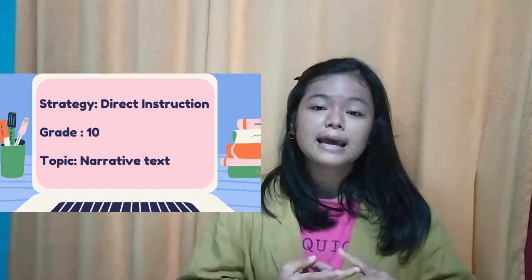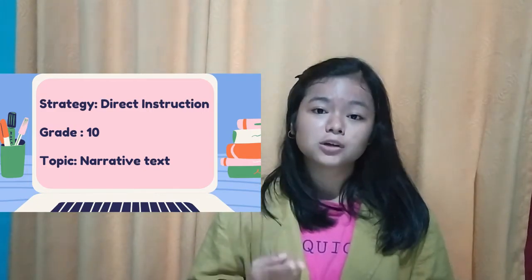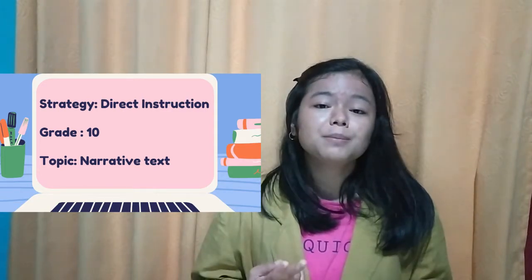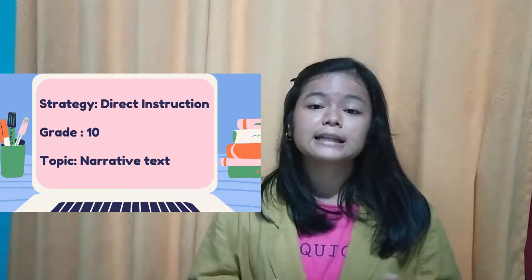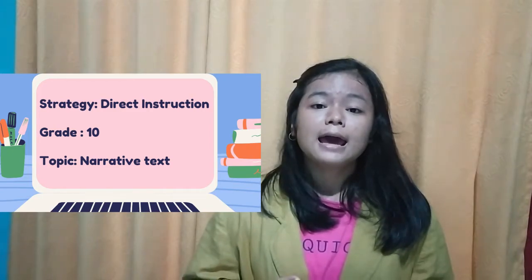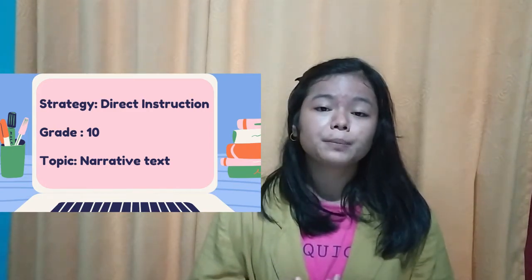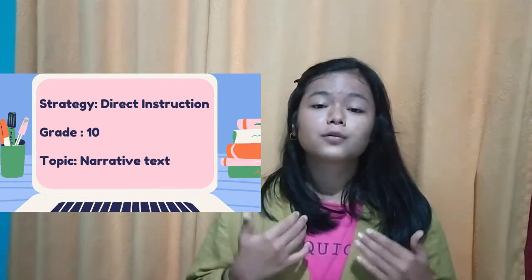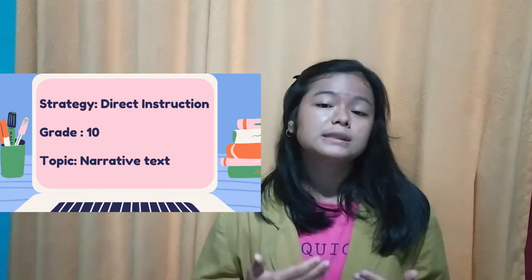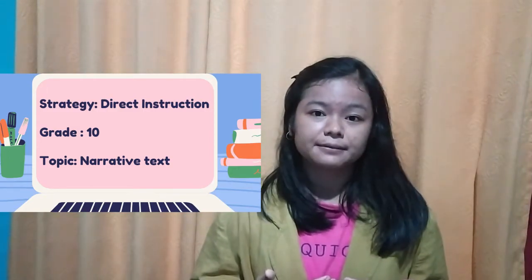And the second one is selecting the topic for a student. It can be based on your student skill level and grade level. In my case, my topic is created for grade 10 of senior high school, which is about narrative text. Well, without any further ado, here's the example of direct instruction for teaching reading and writing skill.